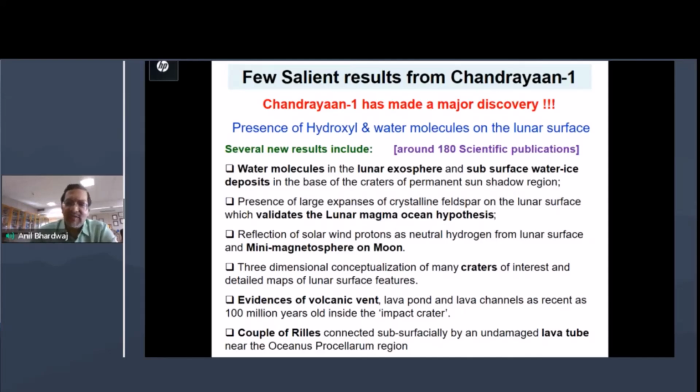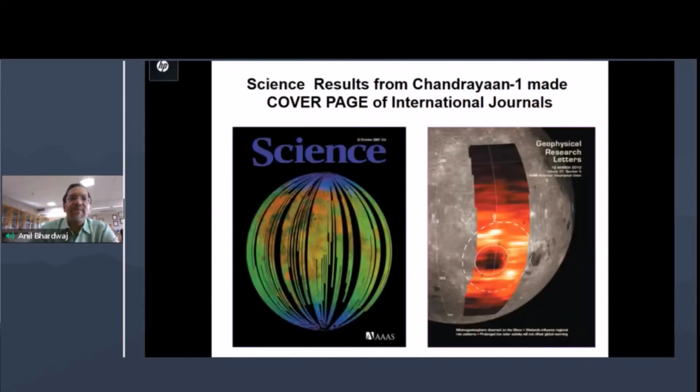And there are of course many other features which have been discovered, and many of them have made the cover page of various international journals. Here you are seeing them, Science and Geophysical Research Letters, talking about the discovery of water and the discovery of mini magnetospheres on the moon.